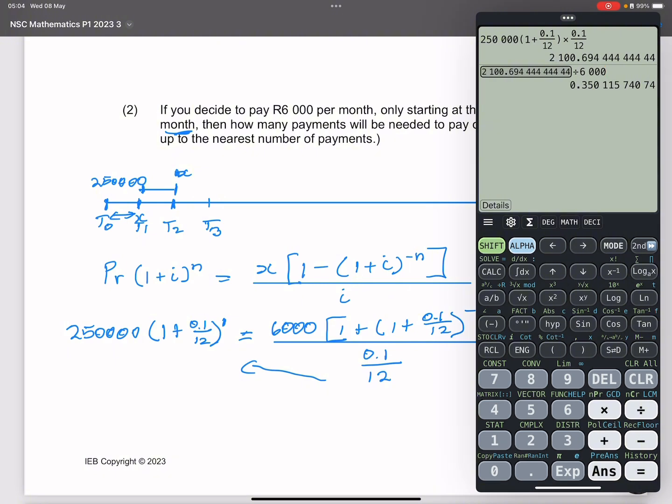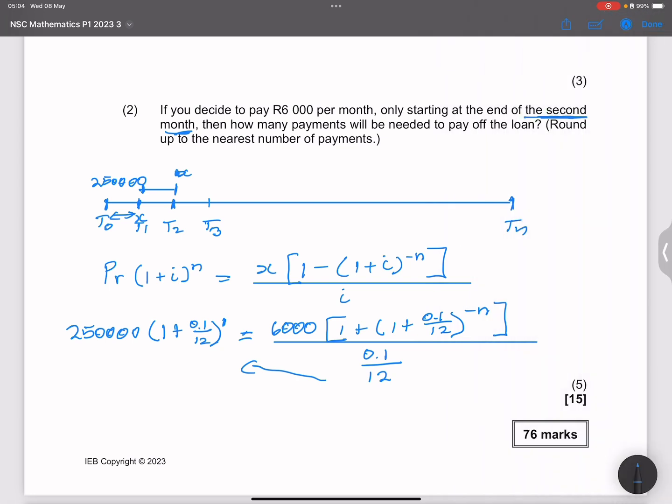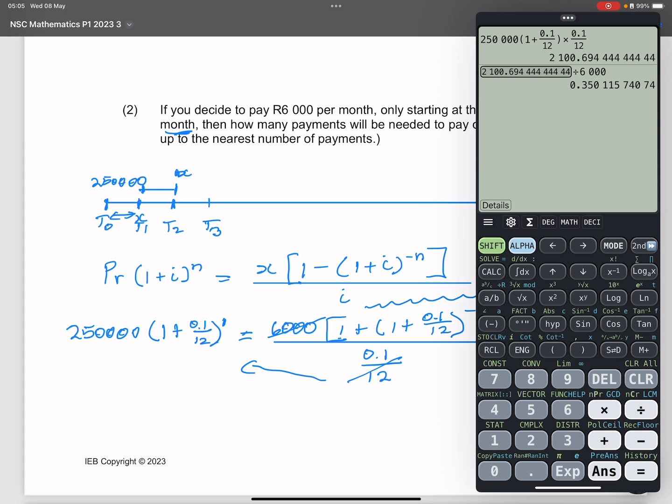Now I want you to see on the left hand side what we have there. We are now left with that entire bracket. Because we've divided by 6,000, we are left with that, so I'm going to say minus 1, all of that minus 1, and we get a negative value.